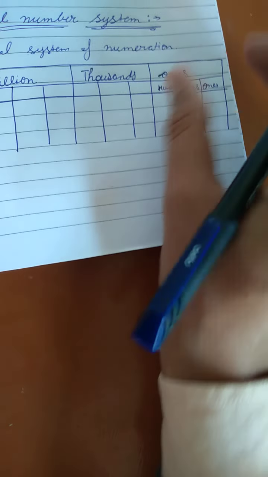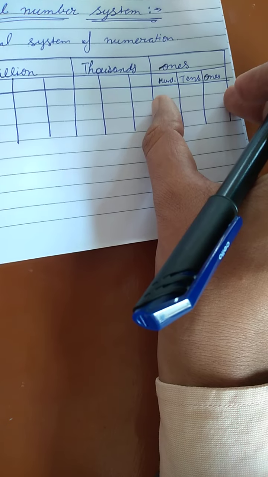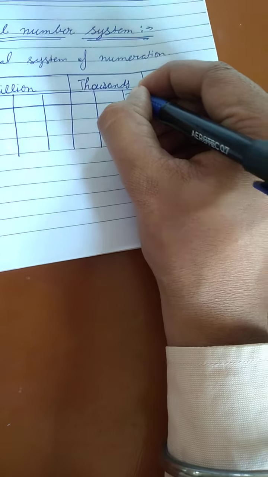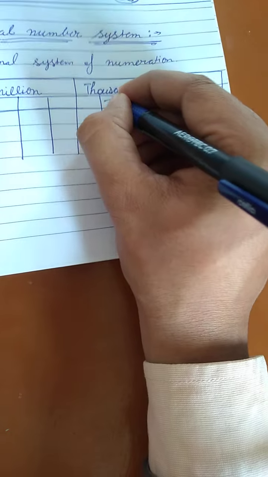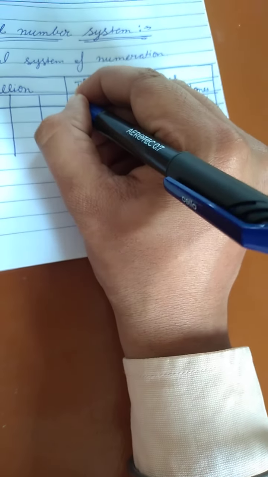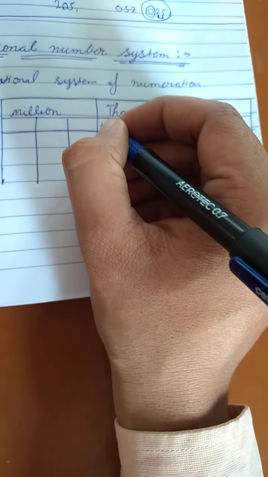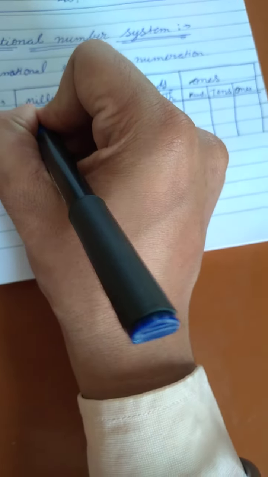After the ones period we move to the next period, thousands period. In the thousands period, the first place is thousand, next is 10,000, and last is 100,000. After the 100,000 we move on to the next period, that is million. The million period further has three places: million, 10 million, 100 million.